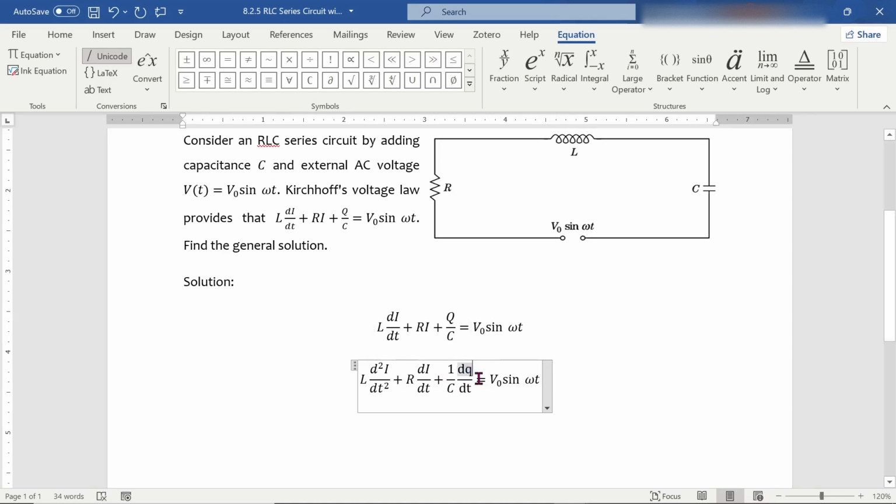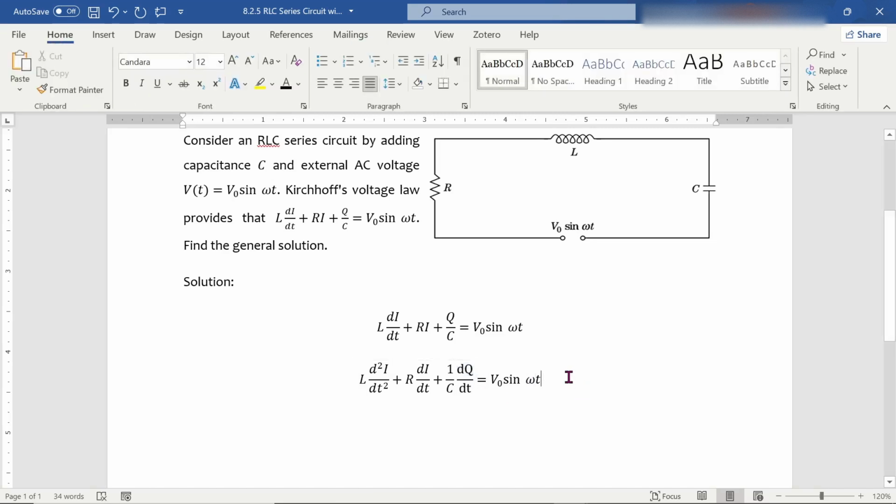Okay, so we do this because we want to arrive at a linear second order ordinary differential equation and apply the techniques that we know in solving such equations.